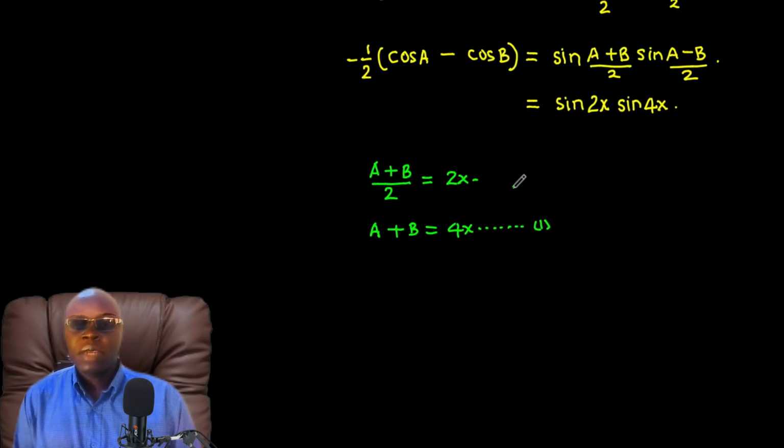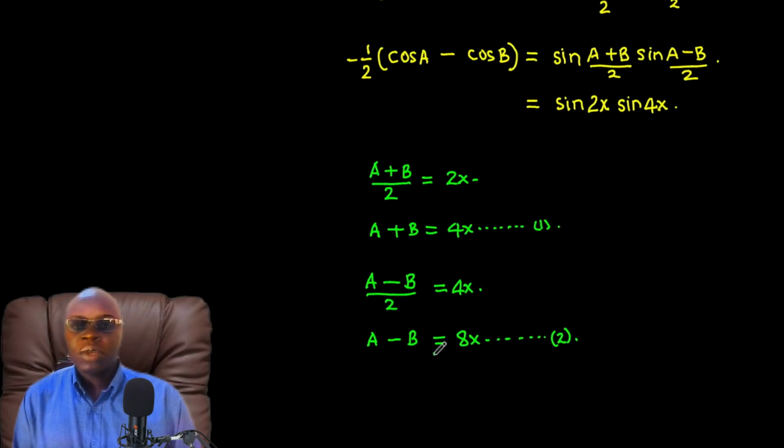Let's do the same thing to the next angle: A minus B over 2 should be equivalent to the next angle, 4x. Then we also multiply both sides by 2, so we have A minus B equals 8x. Let us call this equation number 2.